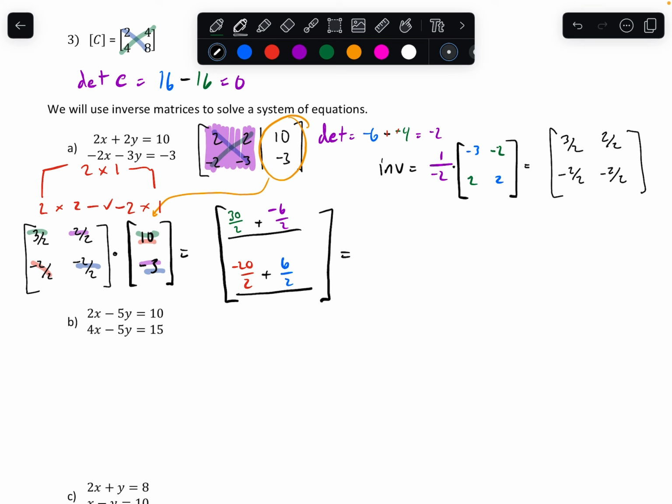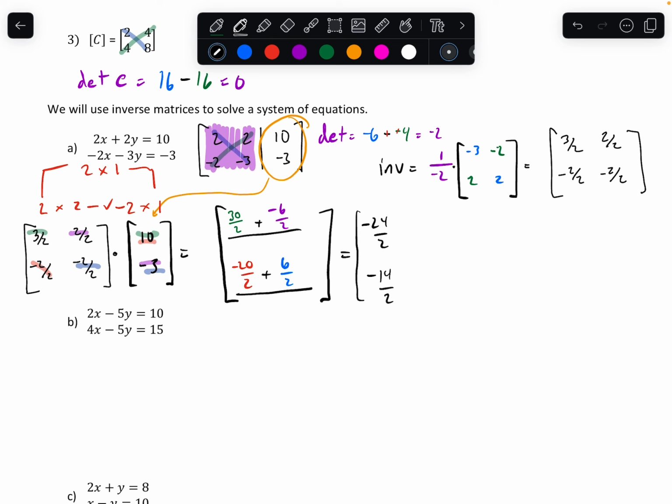So why I wanted to keep the denominators the same, because it makes this addition here much simpler than if these, again, it would have been easy because these were like 1s or something like that. 30 halves plus negative 6 halves is just negative 24 halves. And then on the bottom here, negative 20 halves plus 6 halves is just negative 14 halves.